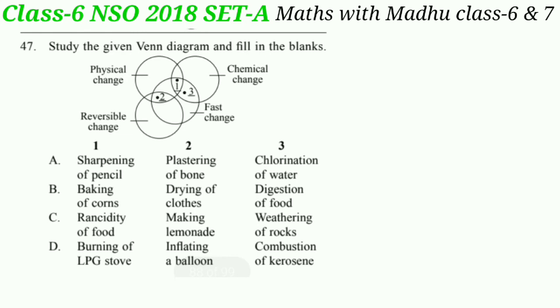Inflating a balloon is a physical, reversible and fast change and combustion of kerosene is a chemical, irreversible and fast change. So the answer will be option D. 1. Burning of LPG stove. 2. Inflating a balloon. 3. Combustion of kerosene.